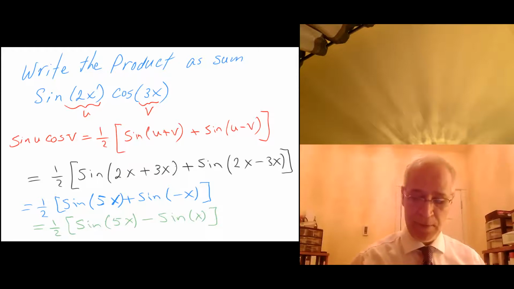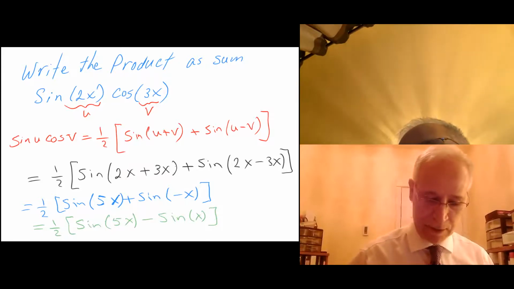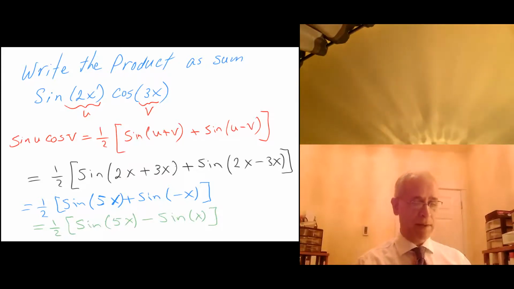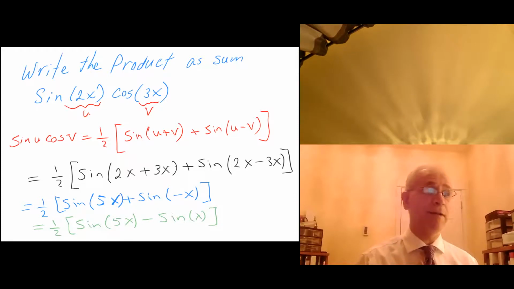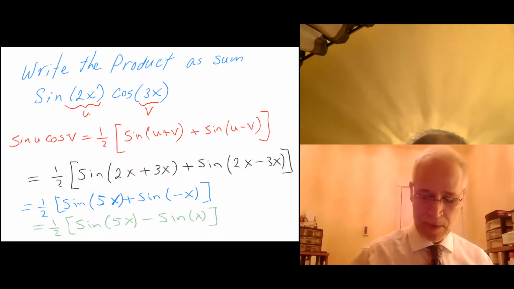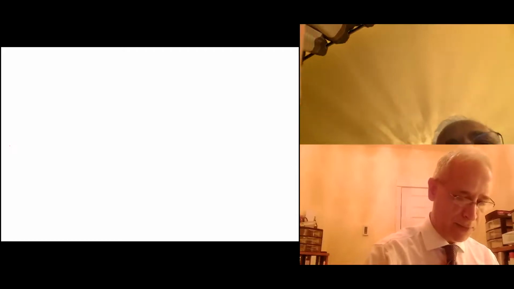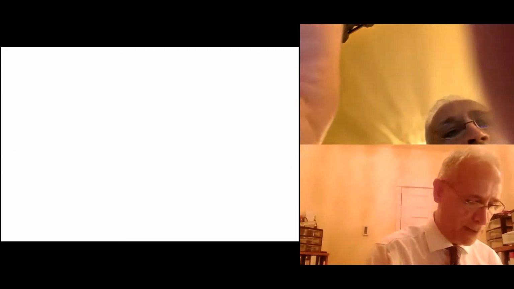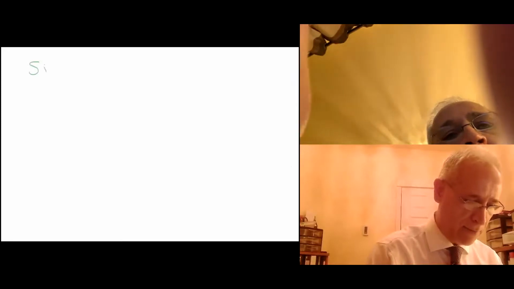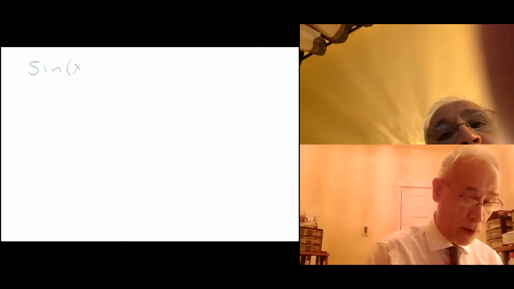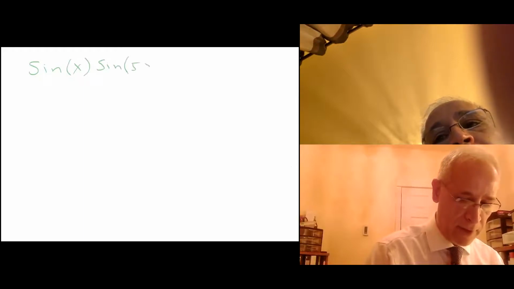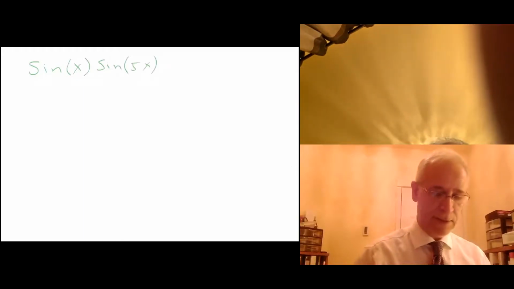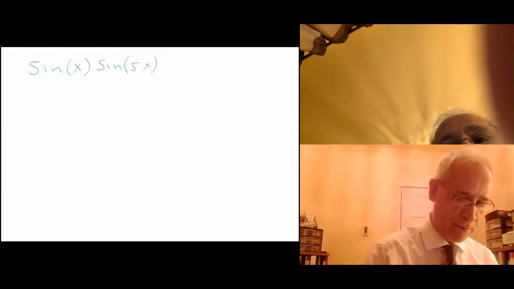The second problem that I would like to do is of the form sine of u times sine of v. So let's go to the next page. These problems are coming from your textbook anyways. Sine of x times sine of 5x. So as you can see, this is the form of sine of u times sine of v.